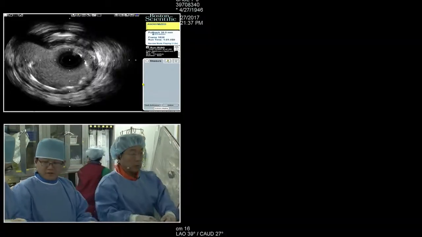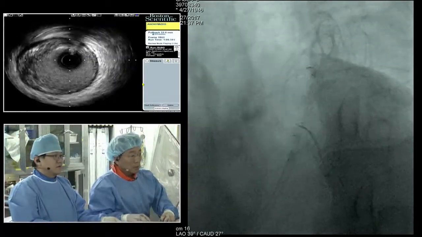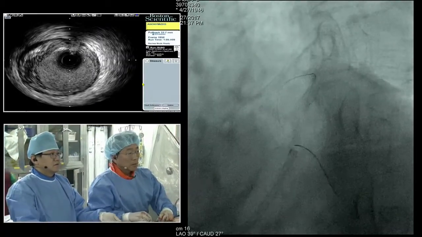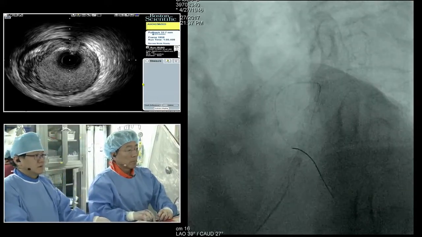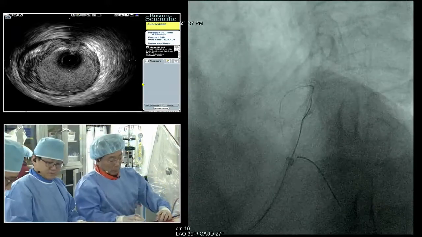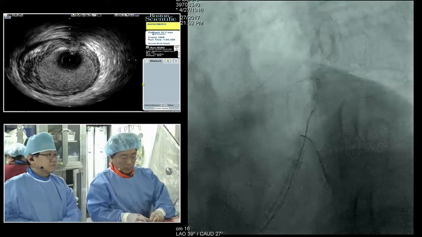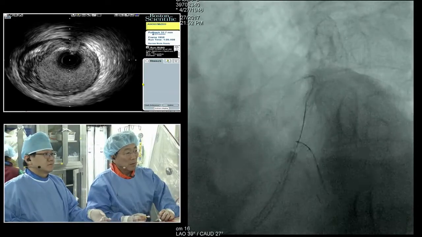You're going to make it a little easier, Dr. Park, passing through. I found only a small part of incomplete apposition at the 2 o'clock to 6 o'clock in the proximal part.